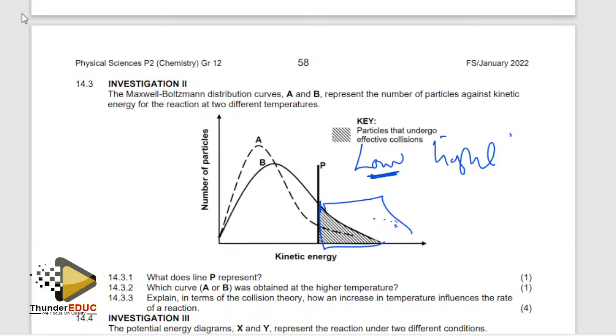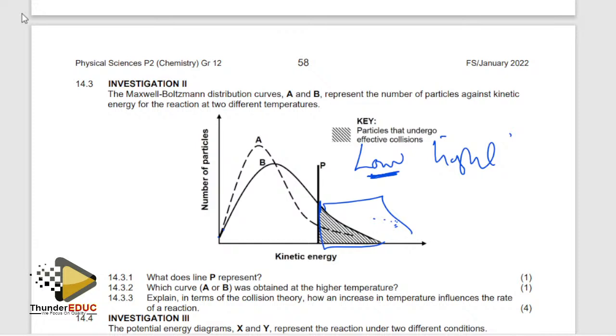So if they have higher kinetic energy, it means that you have more particles with the sufficient energy, which will increase the rate of collision per unit time. The words per unit time, we need to see. And then if the rate of collision is increased, then this must be effective collision per unit time. And if it is increased, then the rate of reaction is going to increase. Guys, you need to know that.